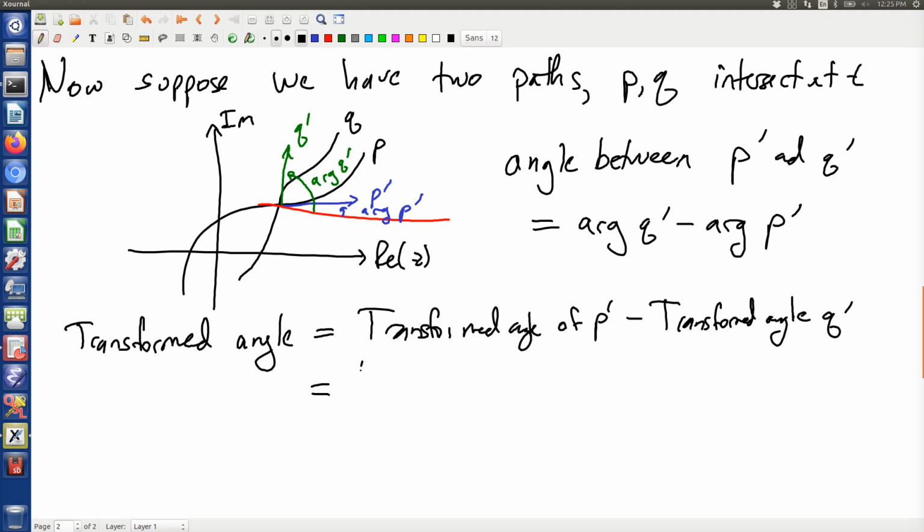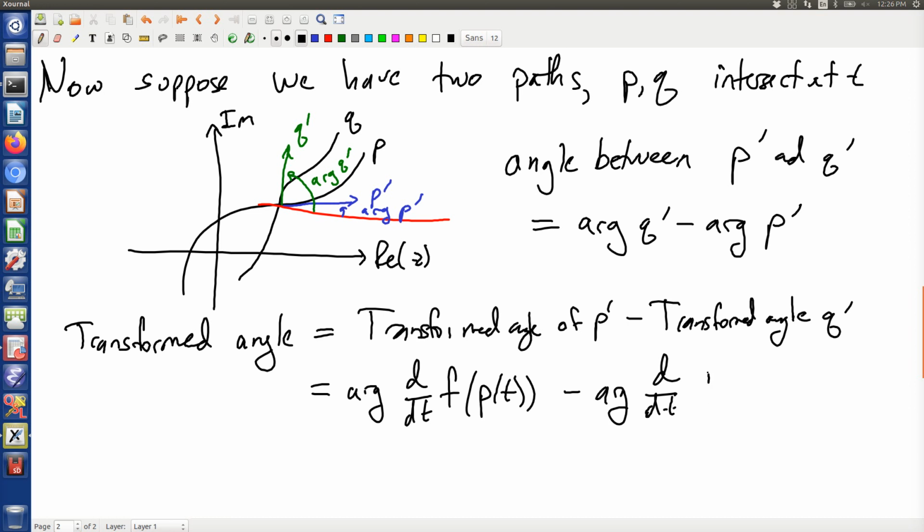We now know what that is. That's the argument of d by dt of f of p of t minus the argument of d by dt of f of q of t.